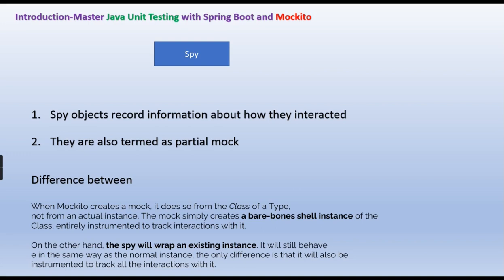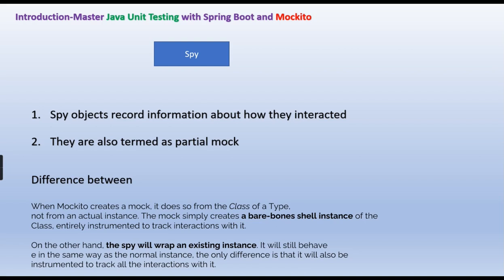Then what is the difference between mock and spy? When Mockito creates a mock, it does so from the class of a type, not from an actual instance. The mock simply creates a bare bone shell instance of the class, entirely instrumented to track interactions with it.